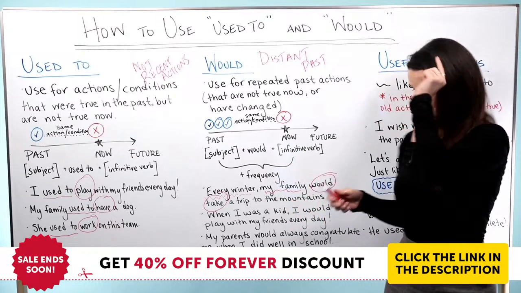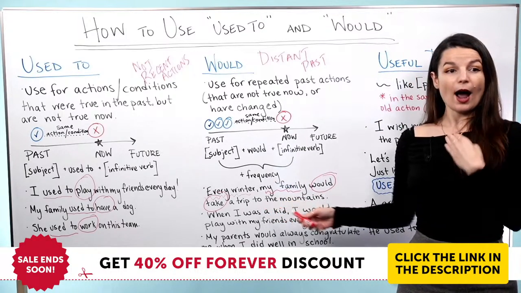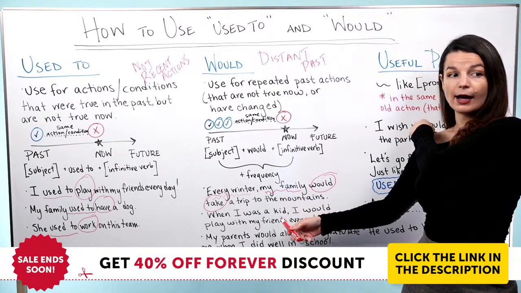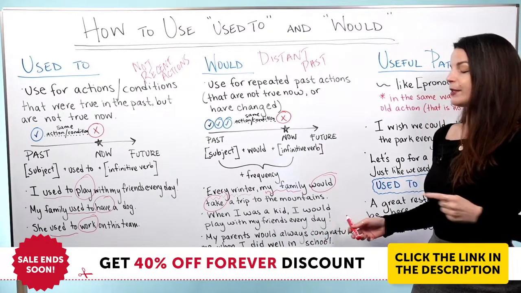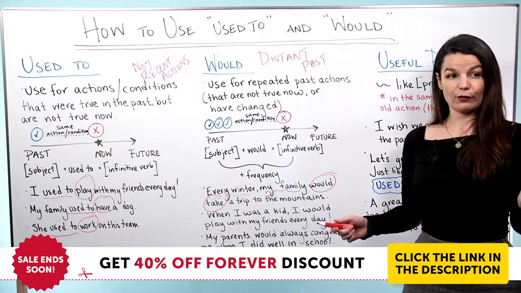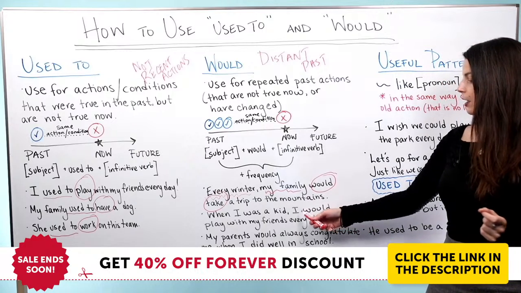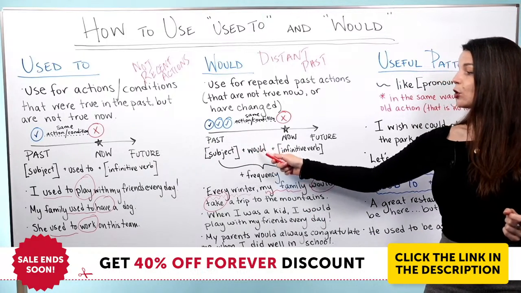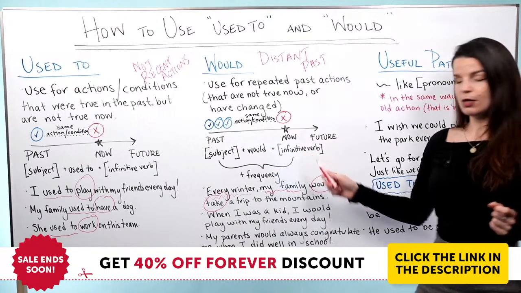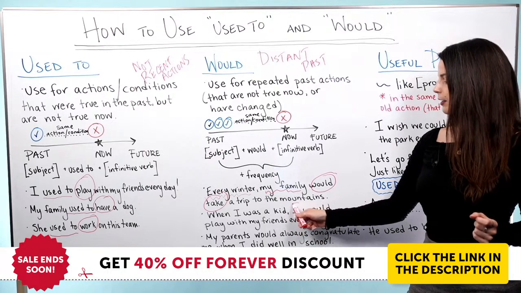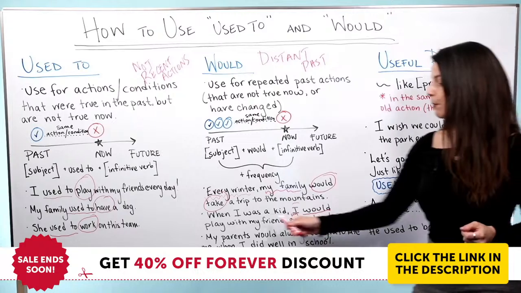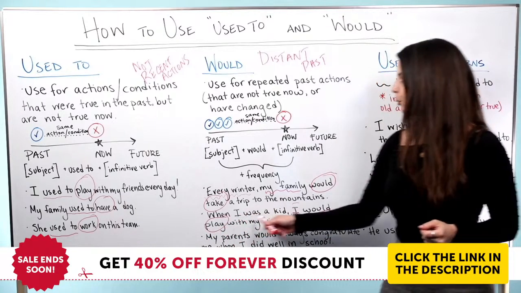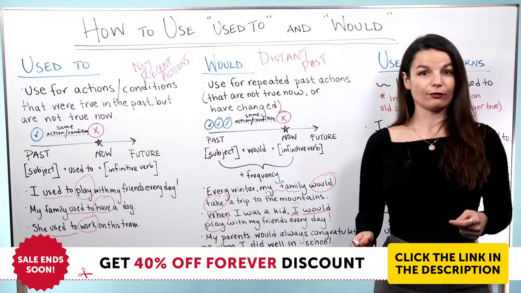Okay, let's continue. Second, when I was a kid, I would play with my friends every day. So we can see, again, this part, subject, would, infinitive verb is here. Here's my subject, who did it, plus would, and then my verb, play. I would play with my friends every day.